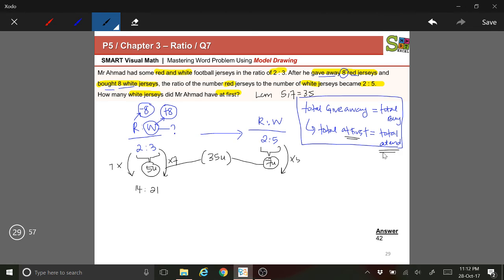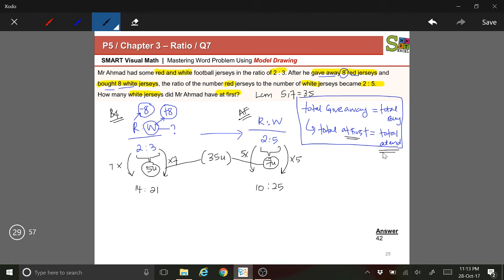Here let's try with 5. 5 times 7 gives 35, so down here we multiply by 5 to get 25, and 10, and there you get 35. Okay, now we get the new ratio of the before, or at first, and this is the after. Alright, okay, now what do we do next?